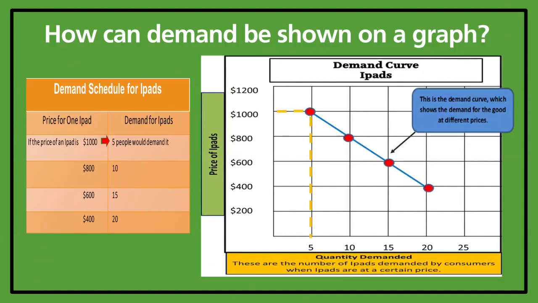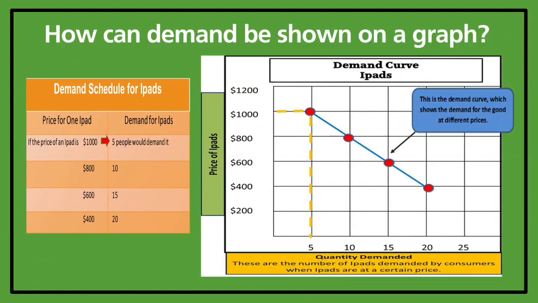On the y-axis, you can see that we have the price of iPads and then the different prices along that y-axis. Our x-axis is labelled quantity demanded, and these are the number of iPads demanded by consumers. Those run along the bottom, along the x-axis.